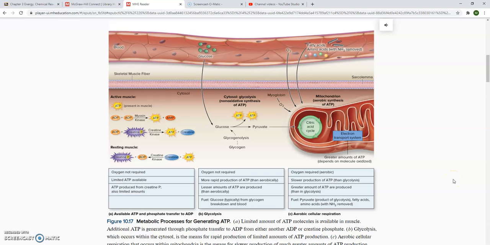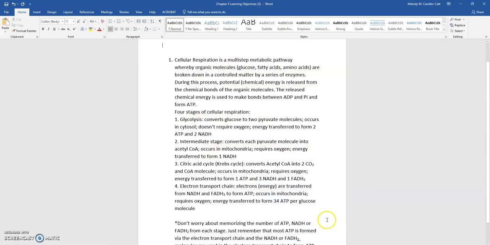What you need to know about this source of energy is it involves the citric acid cycle and then the electron transport chain. Again, recall back to chapter 3, the citric acid cycle and the electron transport chain were stages in cellular respiration.